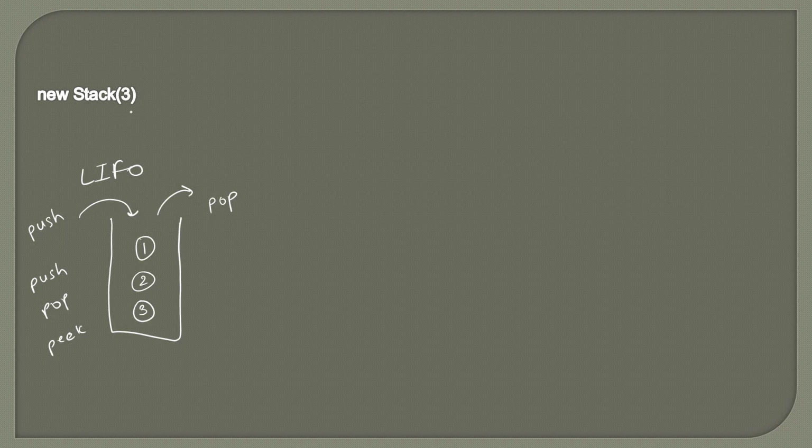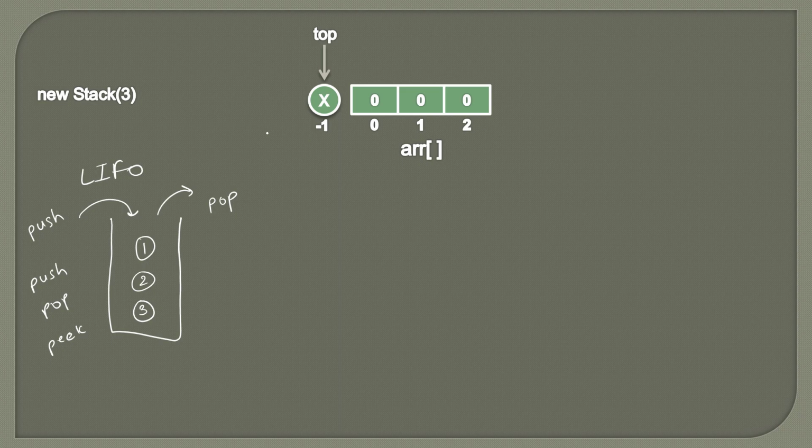As the internal data structure is an array, this capacity will tell that we need an array of 3 elements, which also signifies that the stack at the start can only hold 3 elements. Internally it would look something like this: an array will be created of 3 elements having a default value of 0. Currently it's an int array, therefore the default values are 0.